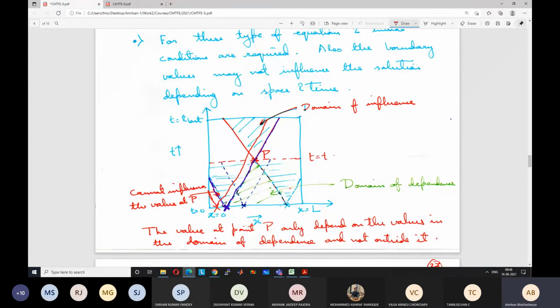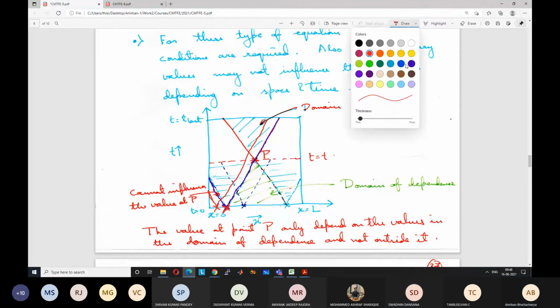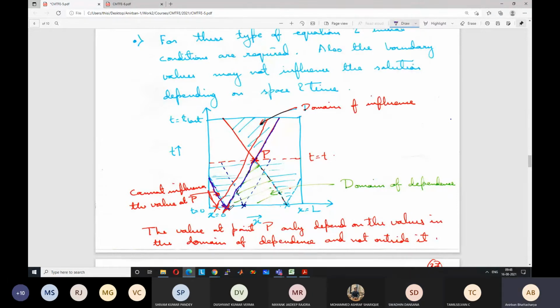So which points can influence the point P? Considering this point, with reference to these points, can any point on the left side of this point influence the point P?